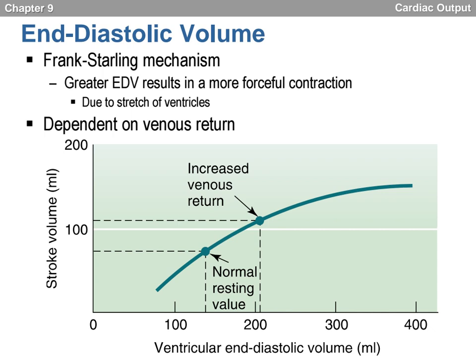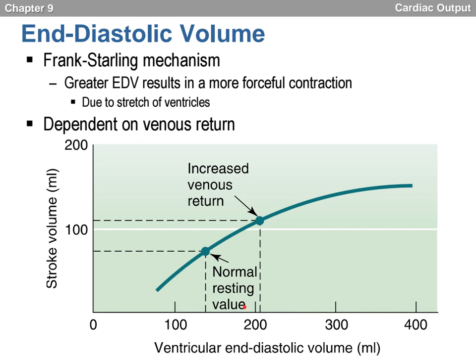What they found independently was the greater the end diastolic volume, the more forceful the contraction by the ventricles. They found that this was due to stretch of the ventricles. As the blood filled the ventricles, it would stretch the cardiomyocytes, the contractile cells, and that would make them contract more forcibly during systole. The filling of the ventricles is, of course, dependent on venous return. We'll talk about that more in a second.